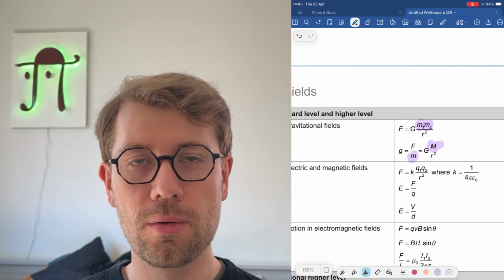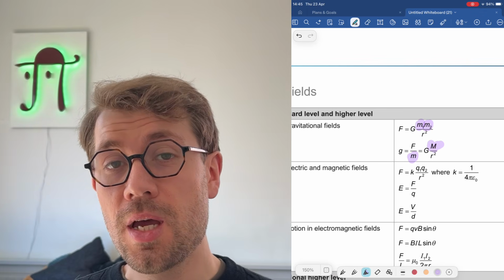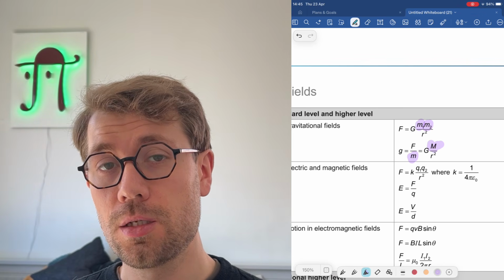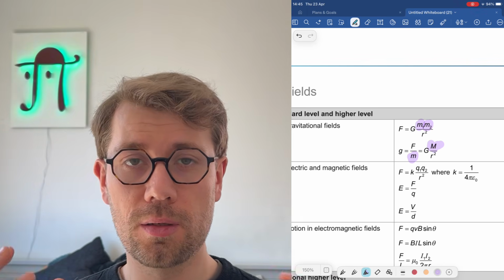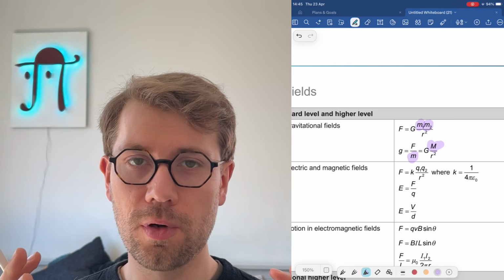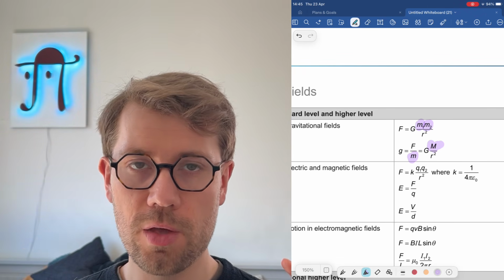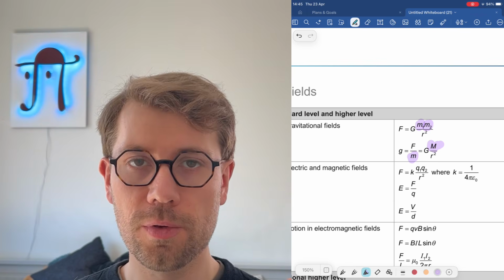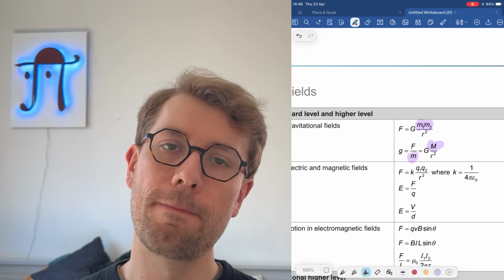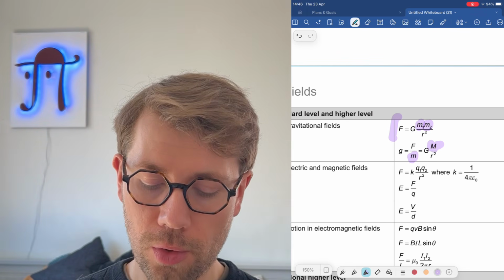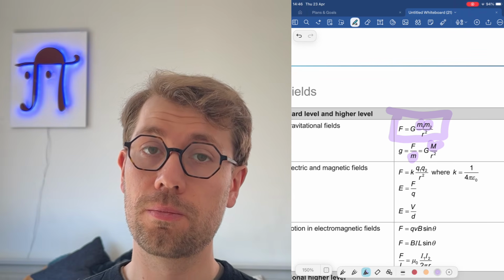M1 and M2 implies that we've got similar masses. So here I'm using that law when I've got two astronomical bodies, a moon and an earth or something, orbiting around each other. Newton's law of gravitation is great for that.